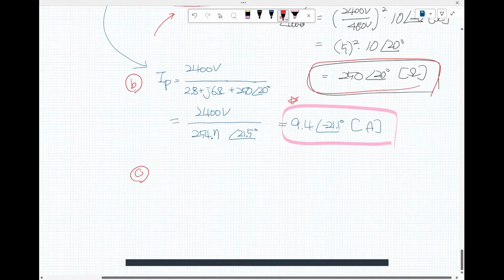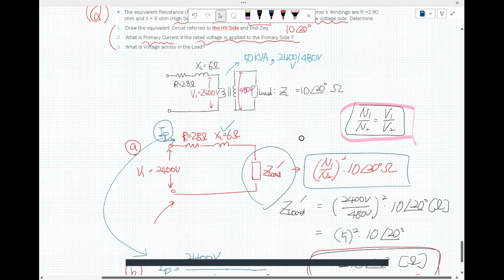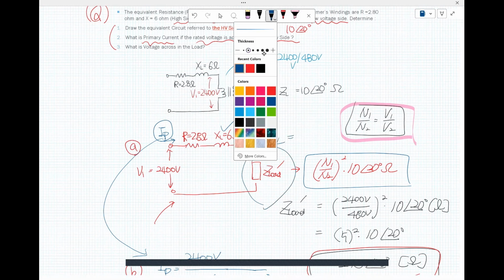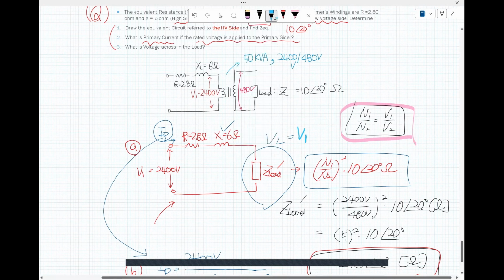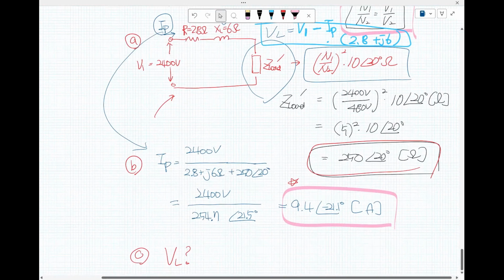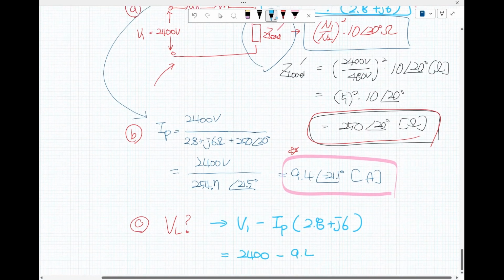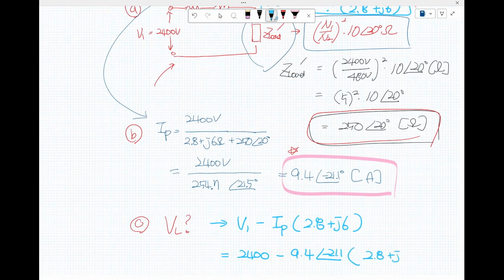Next, what is the load voltage? Going back to here, the load voltage V sub L is V sub 1 minus I sub P times 2.8 plus j6. That is 2,400 minus 9.4 at minus 21.1 degrees times 2.8 plus j6.